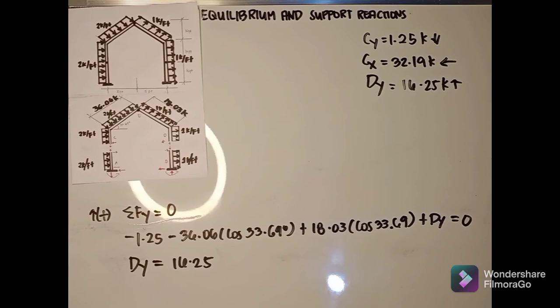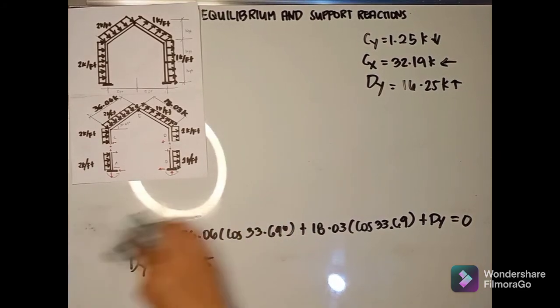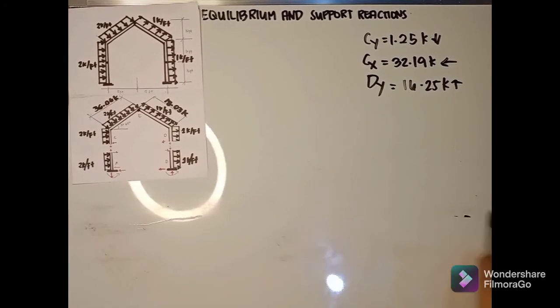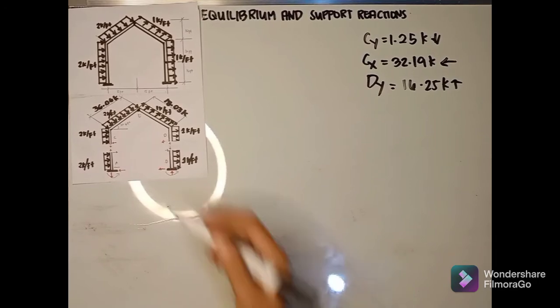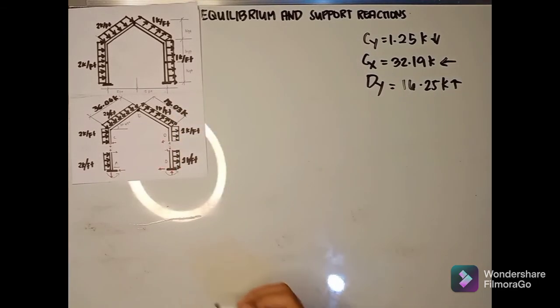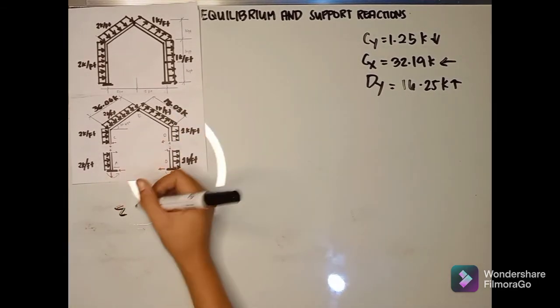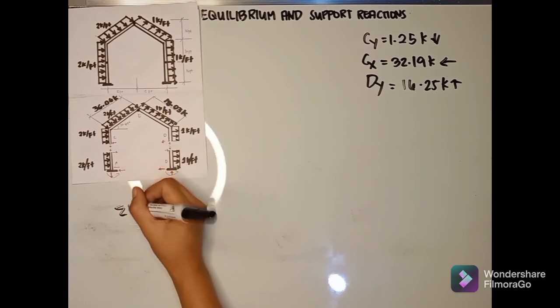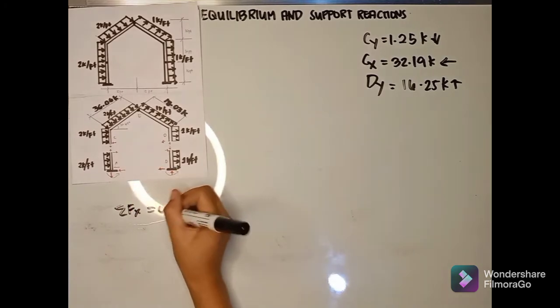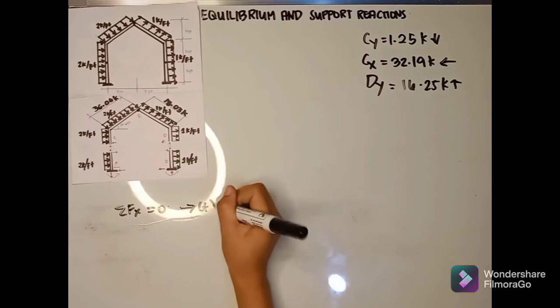Another one for our segment CED: summation of horizontal forces is equal to 0, to the right is positive.